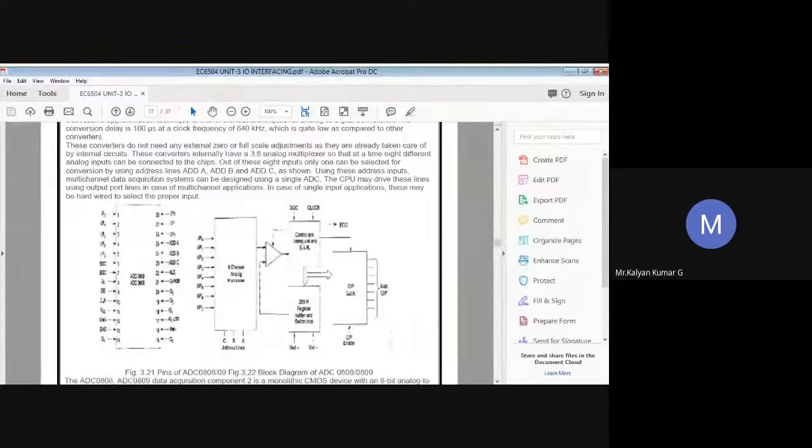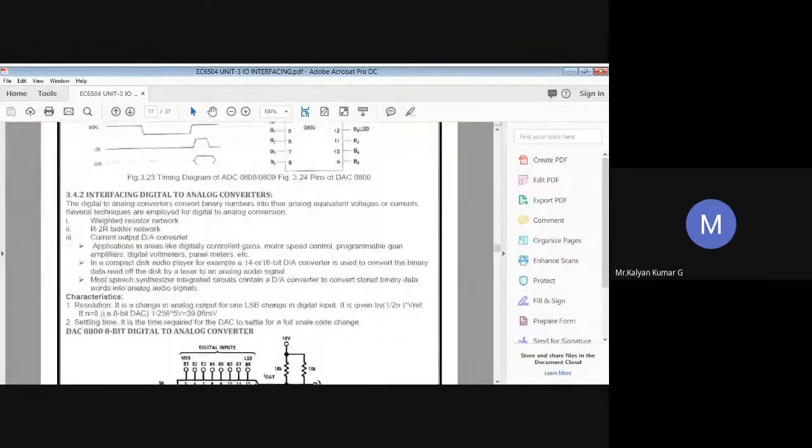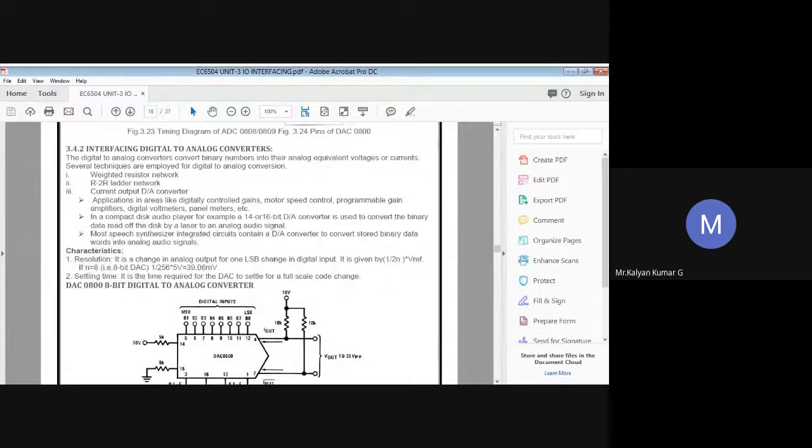So next, moving on to your D to A converter. Similar to the A to D converter, a microprocessor system can produce only digital signals.